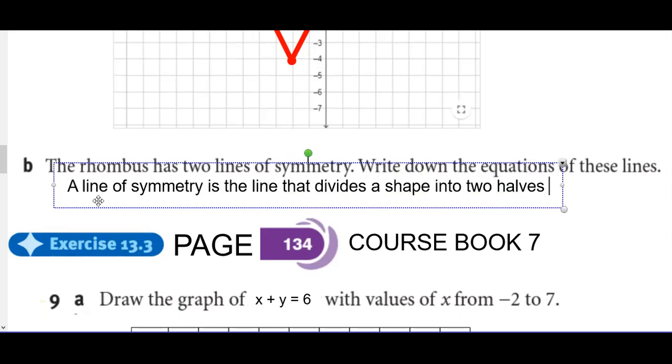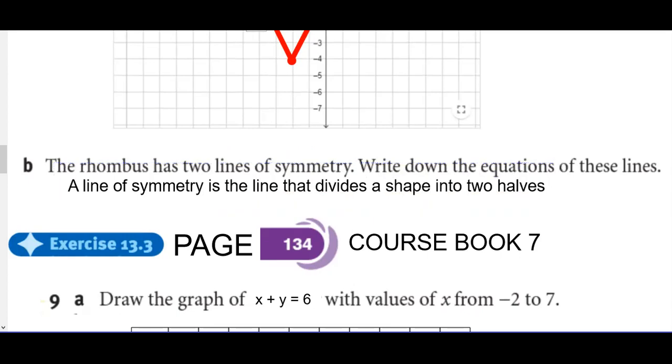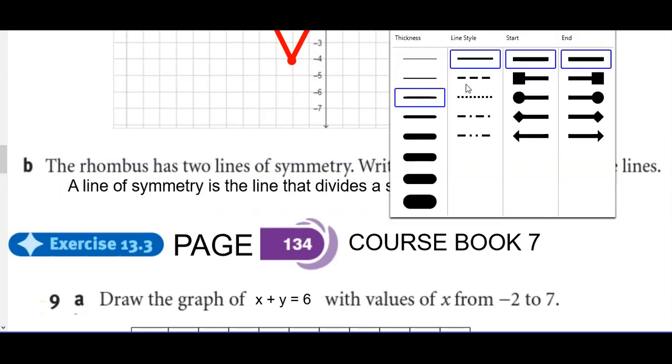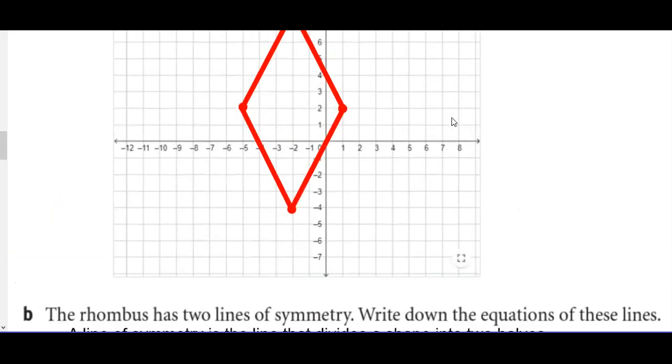See that? That is what we call a line of symmetry. So how do we show the lines of symmetry? How do we show the lines of symmetry on the rhombus?